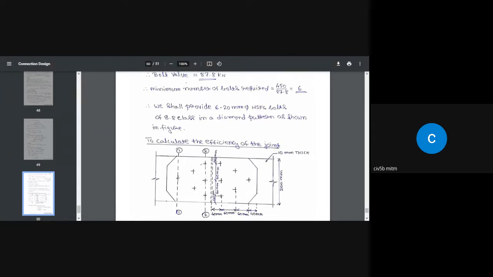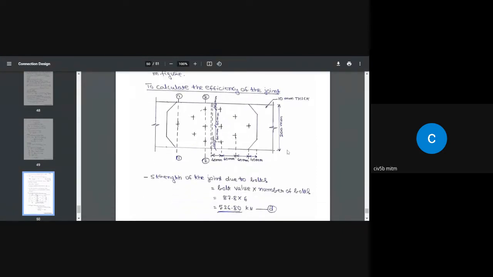So once this is done, the design is not complete. We need to check the safety of the connection. As a result of drilling bolt holes, the plates may fail, that is, cover plates may fail, and also the main plates may fail.